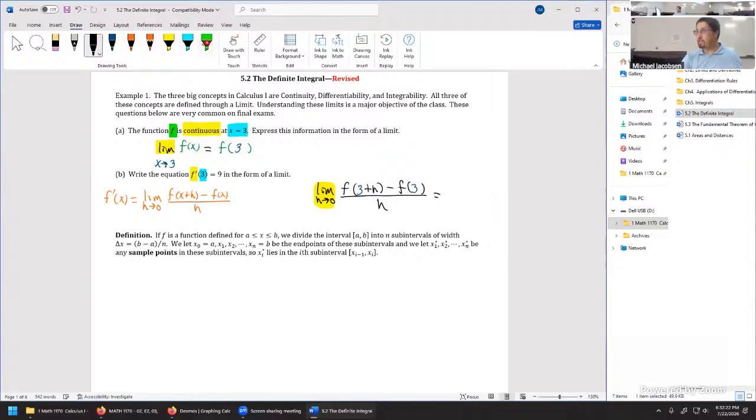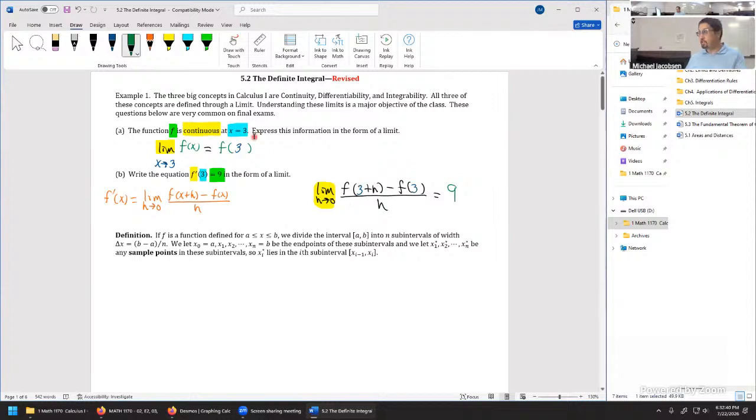We said the derivative equals 9, so we also have to capture that there's an equation here. This equals 9. So the equation for the derivative in the form of a limit means that this limit as h goes to 0 just lands at the number 9.